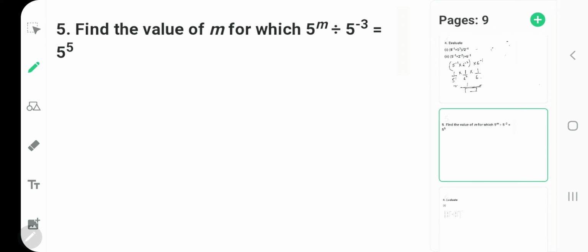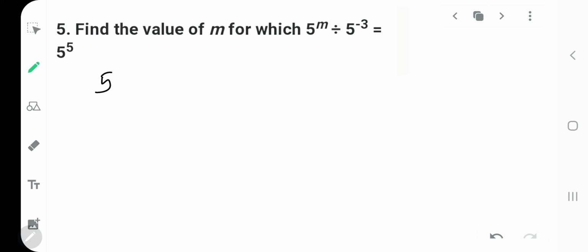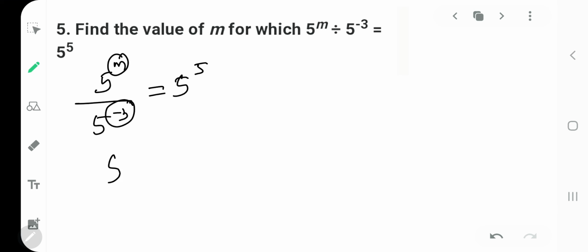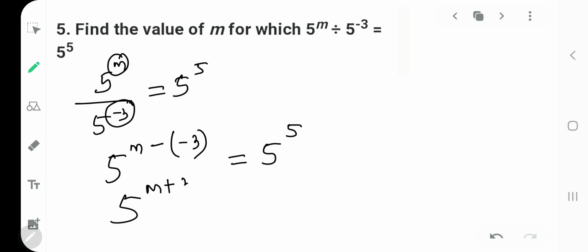Shall we take next? You have to find the value of m, for which 5 raised to m divided by 5 raised to minus 3 is equal to 5 raised to 5. Yes, my dear kids, whenever you have exponents in division, you have to subtract them. So I will subtract m minus minus 3 is equal to 5 raised to 5. So that will be 5 raised to m plus 3 equals 5 raised to 5.